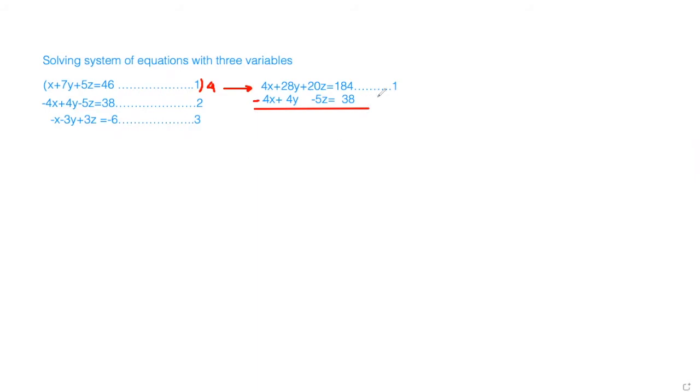So if you add these two equations together, 1 and 2, that means 1 plus 2 gives me 4x, and 4x cancels. And we will have here 32y plus 15z equal to 184 plus 38 is 222.